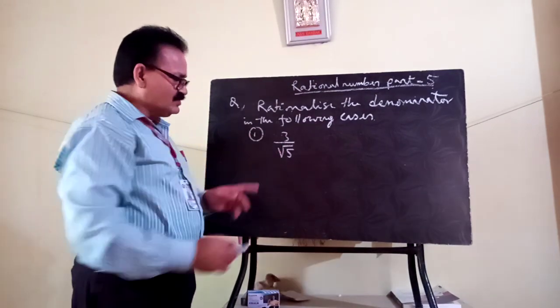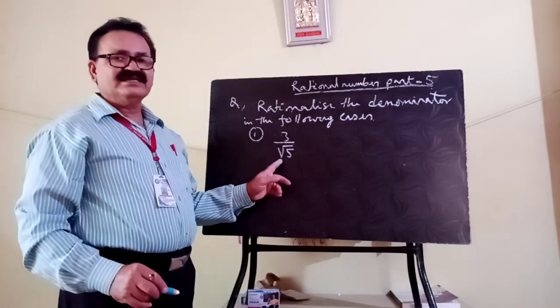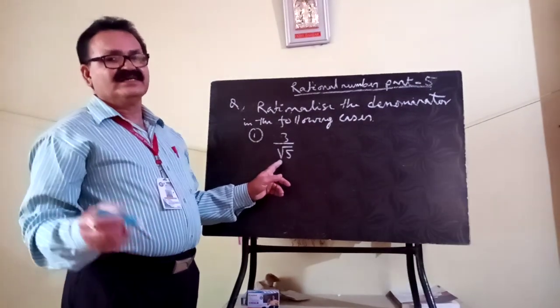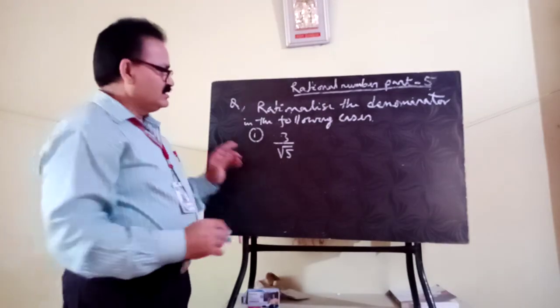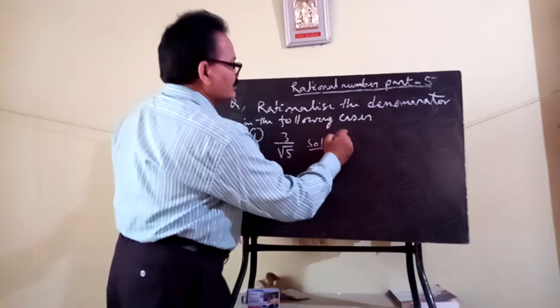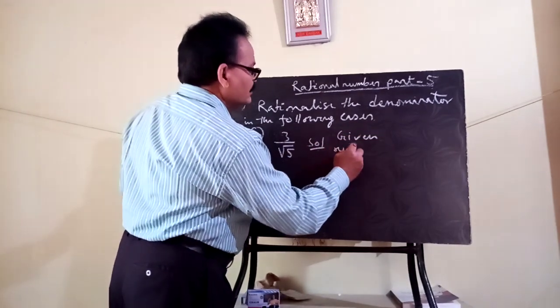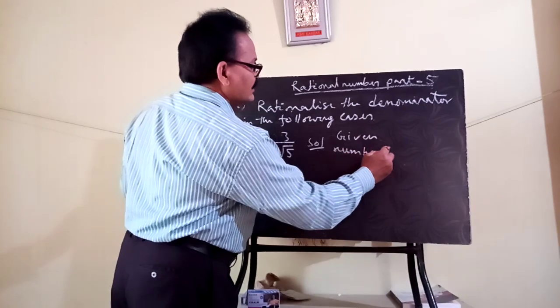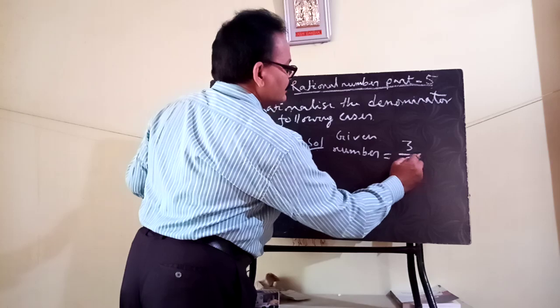In this case root 5 is an irrational number, so I have to convert it into a rational number. First of all, we make an equivalent rational number. Your solution: the given number is 3 by root 5.